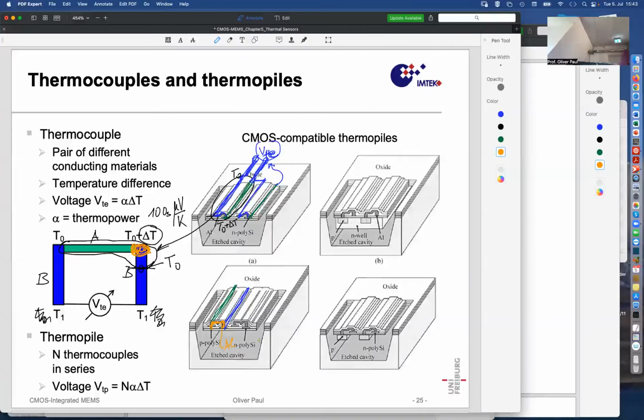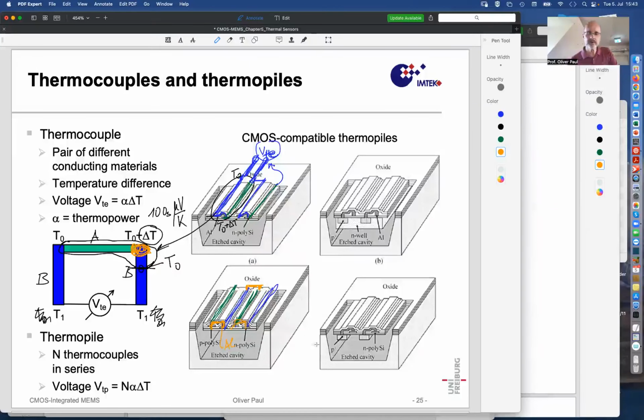So in order to prevent that, one does the connection by aluminum, a metallic contact to silicon, an ohmic contact, and then you have the ability for some signals to propagate, for some currents to flow if needed.